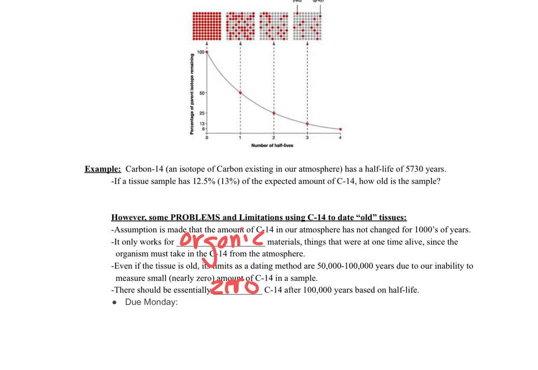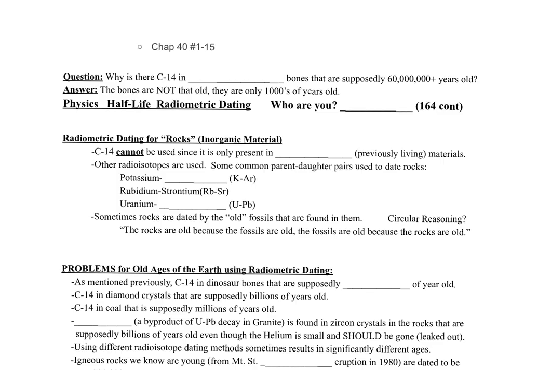So that essentially begs the question, why is there carbon-14 in dinosaur bones?